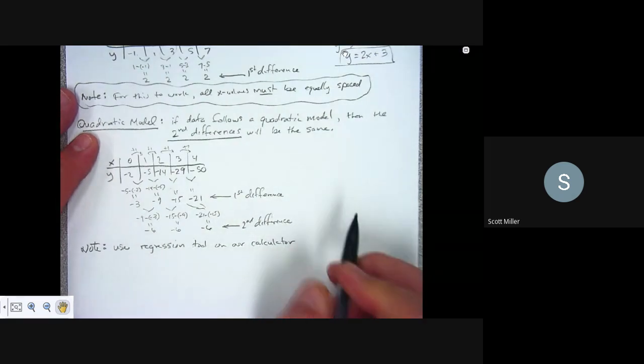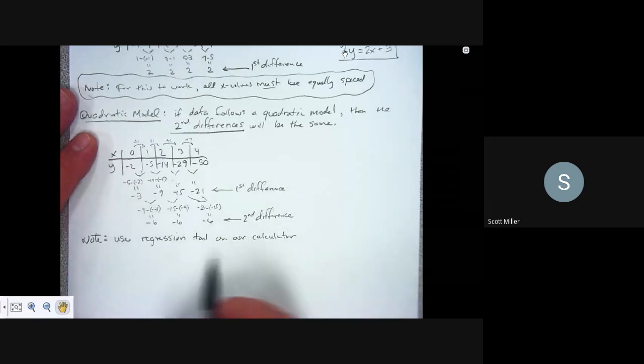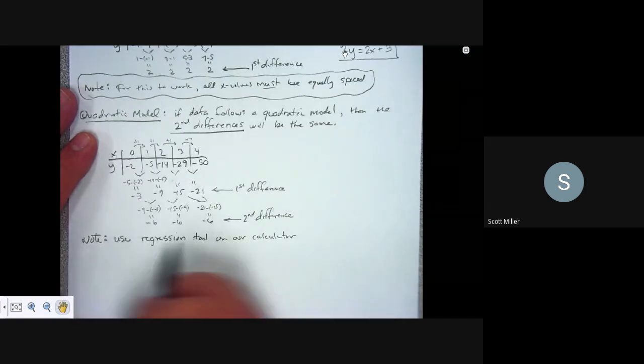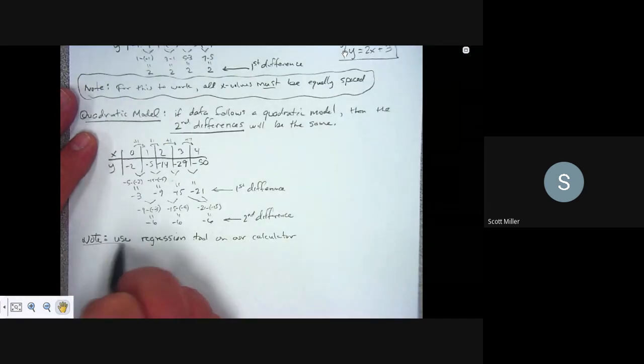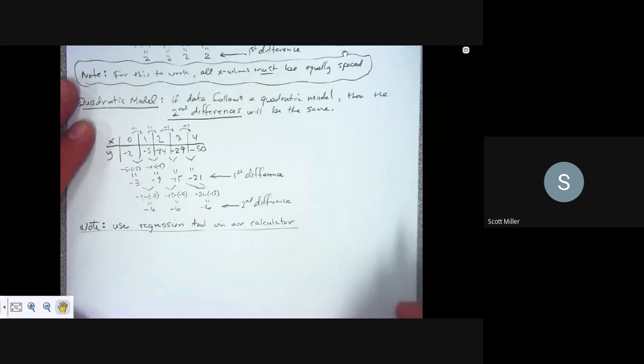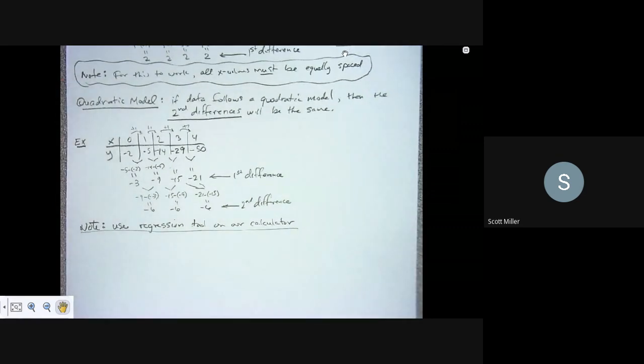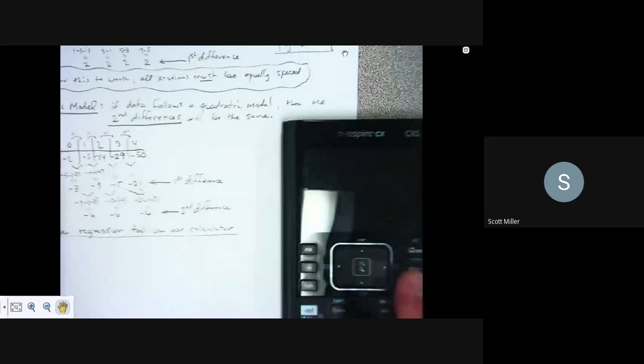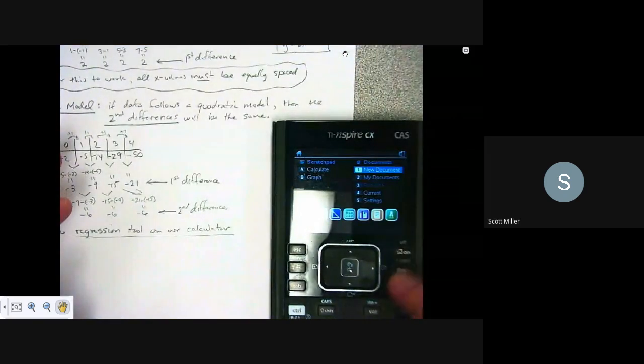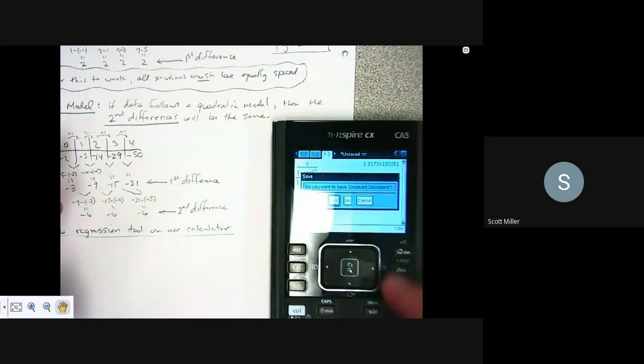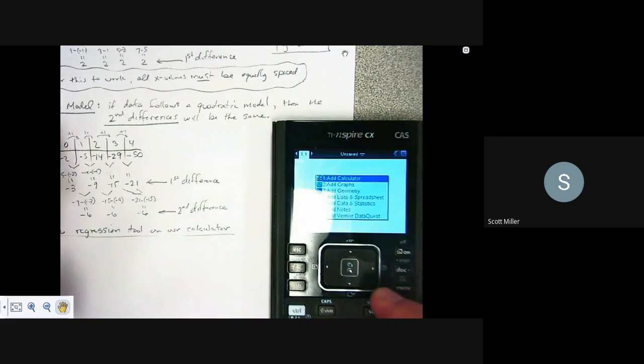And Desmos can do this also. You'll just have to watch a little YouTube video on how to do the regression model on your Desmos account. Okay? So I'll walk through this real quickly and show you how this works. But again, that video is in more detail and a lot slower.